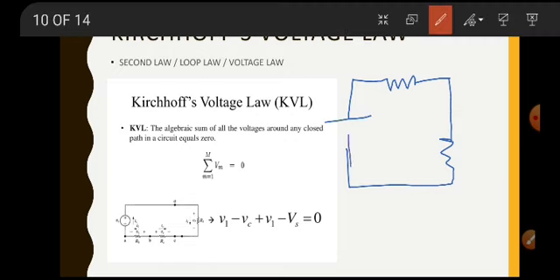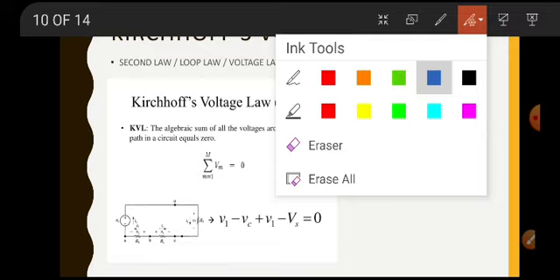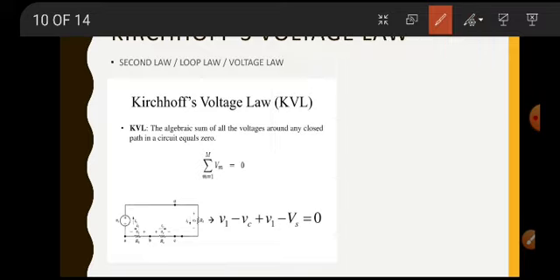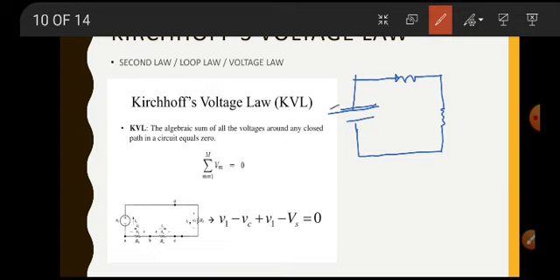This is positive, this one is negative, right? And another resistance. Here I have three resistances, R1, R2, R3, and this is a battery with EMF E.